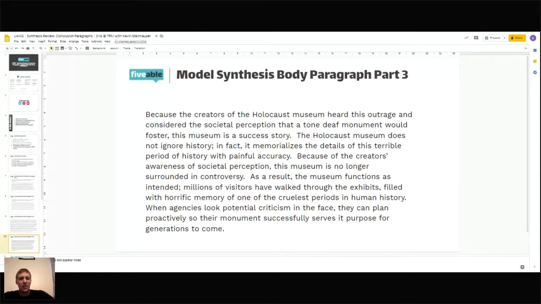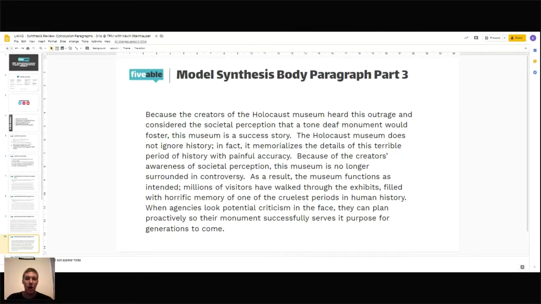The Holocaust Museum does not ignore history. In fact, it memorializes the details of this terrible period of history with painful accuracy. Because of the creators' awareness of societal perception, this museum is no longer surrounded in controversy. As a result, the museum functions as intended.